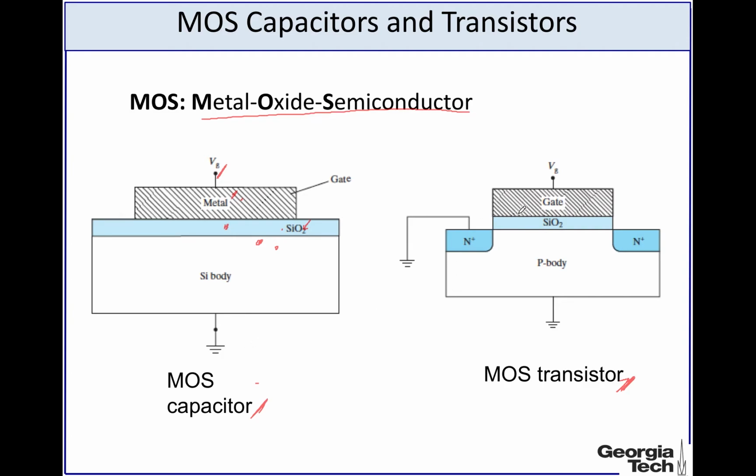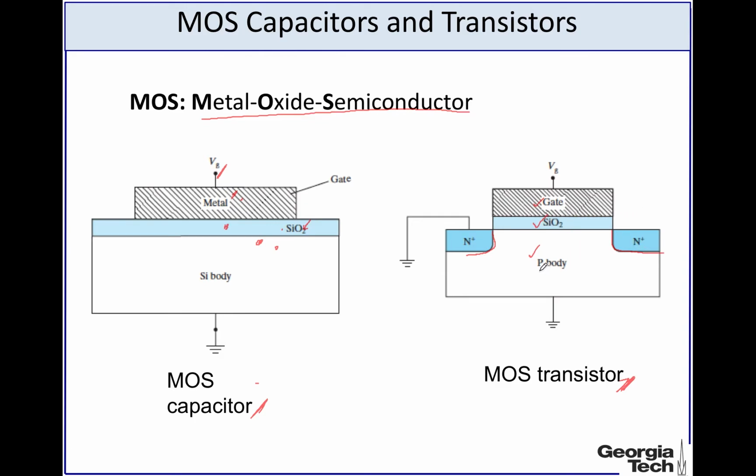On the other hand, in a MOSFET or MOS transistor, you have the metal gate, then the oxide, and then the semiconductor, and then you have two regions on the two sides of the system.